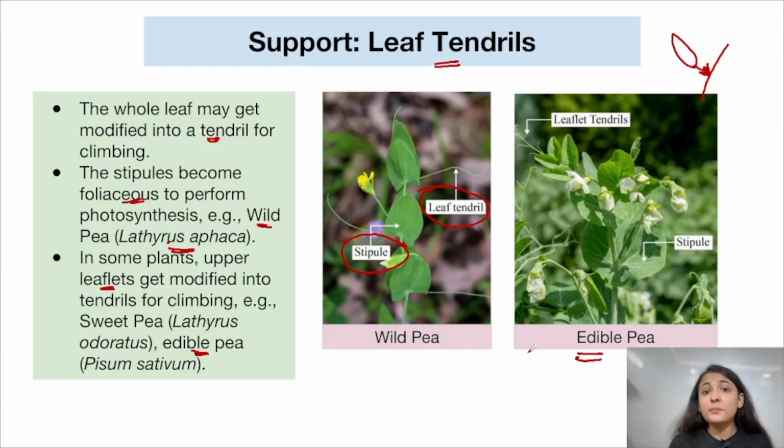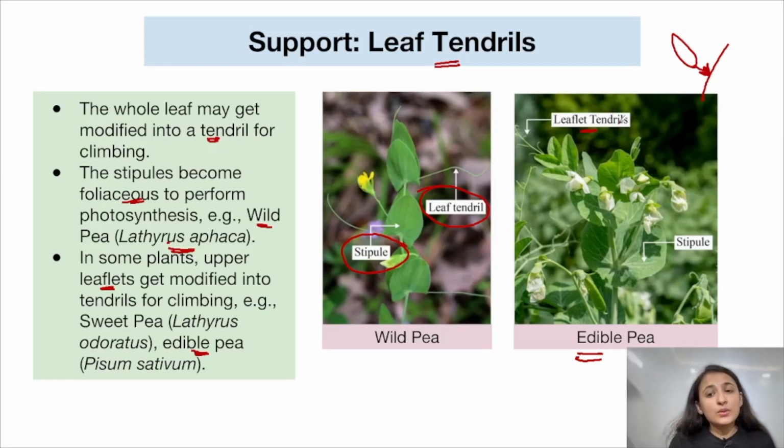In Hindi we call them matar. So the upper leaflets of edible pea modify themselves into leaflet tendrils. The earlier ones were leaf tendrils; these are leaflet tendrils. Here leaflets are present, so these leaflets are getting modified into tendrils, and we are calling them leaflet tendrils.